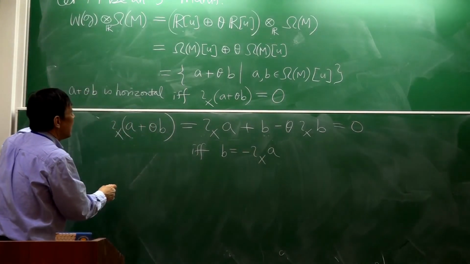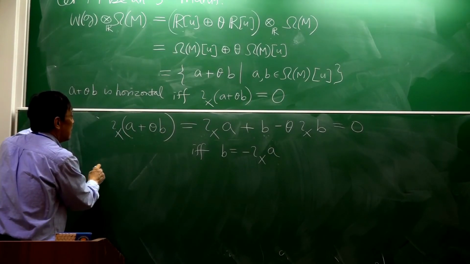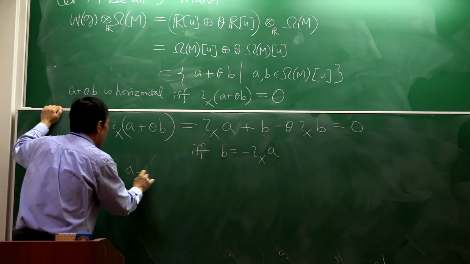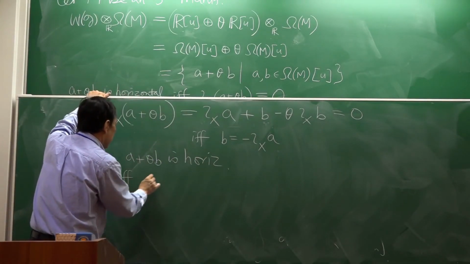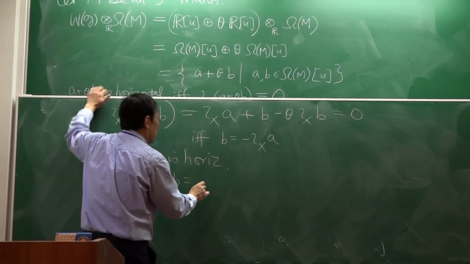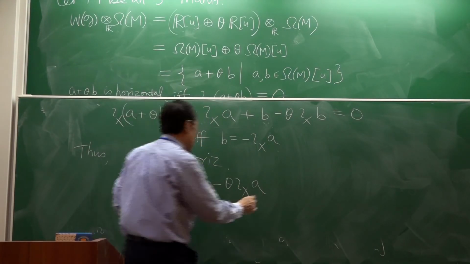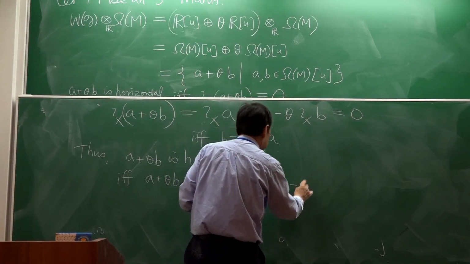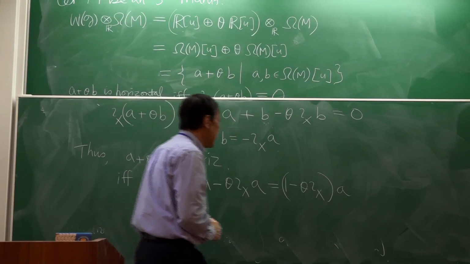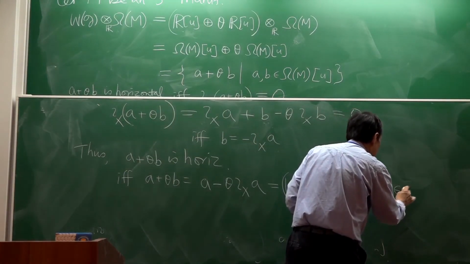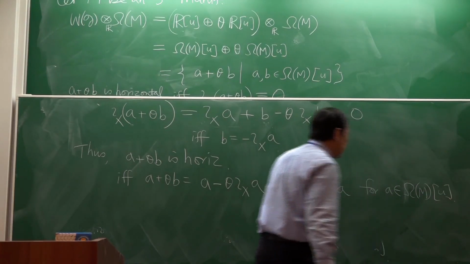And so the horizontal elements are: A plus theta B is horizontal if and only if A plus theta B is equal to A minus theta Ix A. And that is (1 minus theta Ix) times A, for A a polynomial in U with coefficients in the forms.